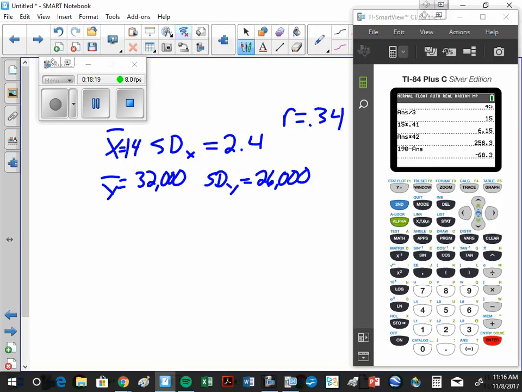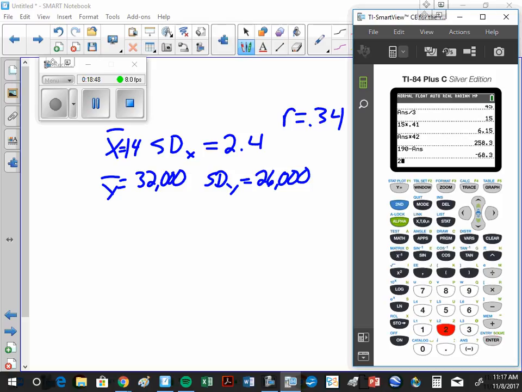All right, the question asks, estimate the average income of those women who have finished high school but have not gone on to college. So people with 12 years. How much of an SD is it? What's the difference between the average and 12? 2 years.